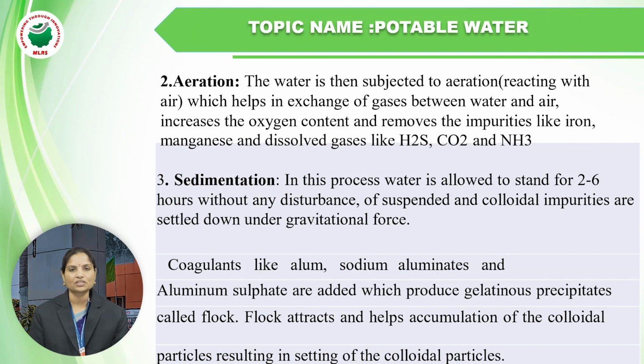Then we go to the aeration process. The water is subjected to aeration, in which it is reacted with oxygen, passing air, which means oxygen, O2. Then an exchange of gases takes place between water and air, increasing the oxygen content and removing impurities.